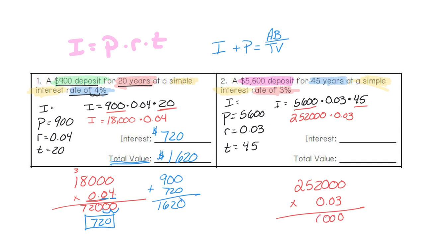Three times 2 is 6, 3 times 5 is 15, 3 times 2 is 6, plus 1 is 7. And again, like we were doing earlier, we notice there's 2 digits behind the decimal on the multiplication problem. So I'm going to put a decimal place in 2 digits over. So the interest is going to be 7,560.